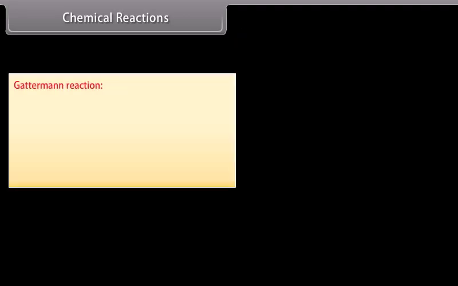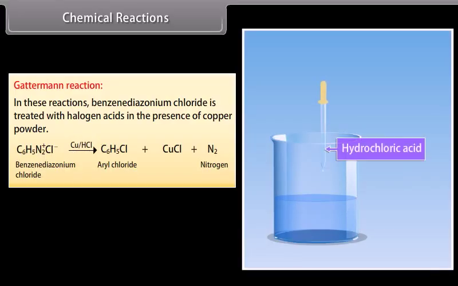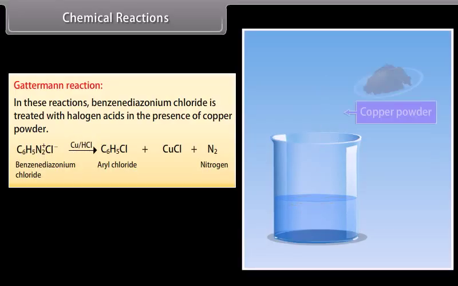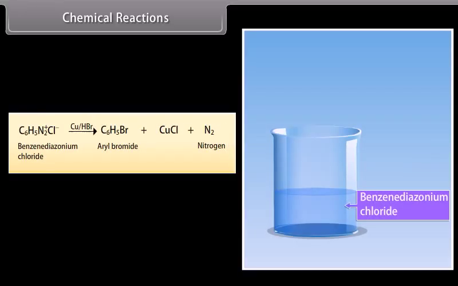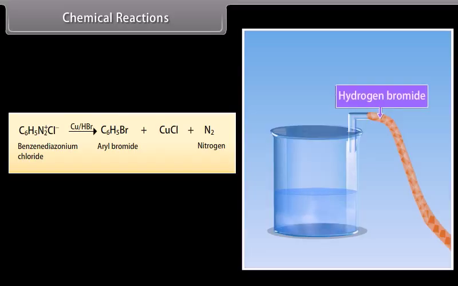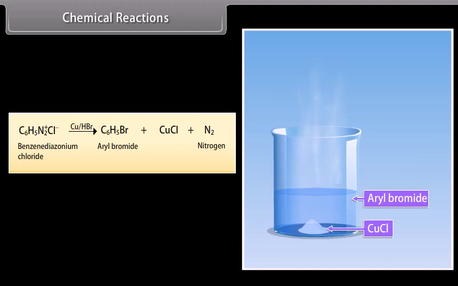Gattermann reaction. In these reactions, benzene diazonium chloride is treated with halogen acids in the presence of copper powder. Benzene diazonium chloride reacts with hydrochloric acid and copper powder, yielding aryl chloride, cuprous chloride, and liberating nitrogen gas. With hydrogen bromide and copper powder, it yields aryl bromide, cuprous chloride, and liberates nitrogen gas.